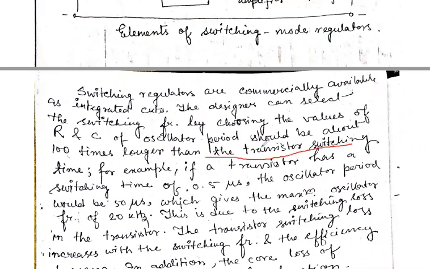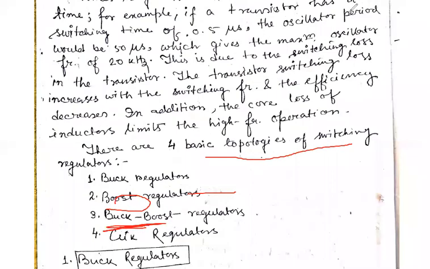For example, if a transistor has a switching time of 0.5 microsecond, then the oscillator period should be 50 microseconds, meaning 100 times, which gives a maximum oscillator frequency of 20 kilohertz. So the oscillator frequency must be as high as possible.